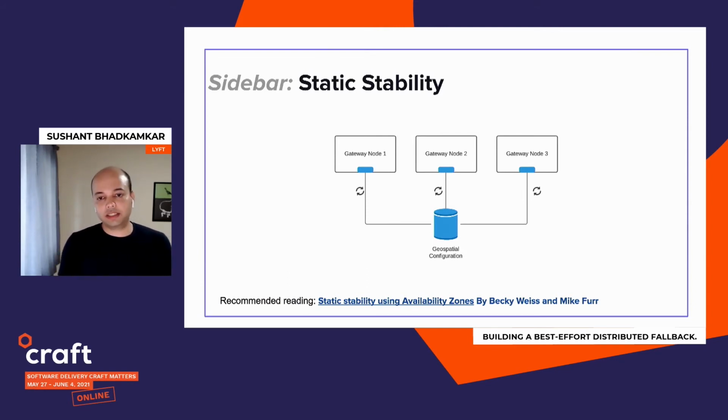In this case, whenever we spin up a node of the gateway service, it's going to proactively keep pulling updates from the geospatial configuration. So even if this particular service becomes unavailable, it still has local data. It might not be the latest version of the configuration, but it can still build a fallback response and serve it to the client.